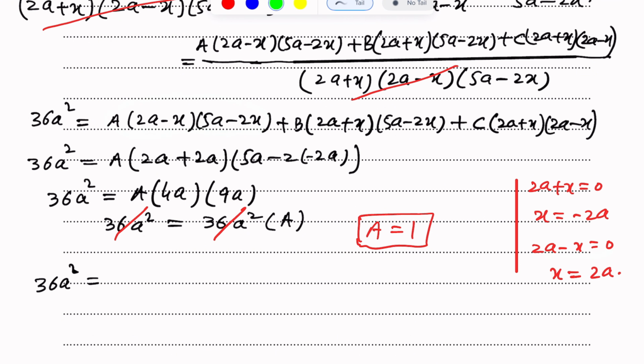This term also becomes 0. So we can find B from here by putting x is equal to 2a.